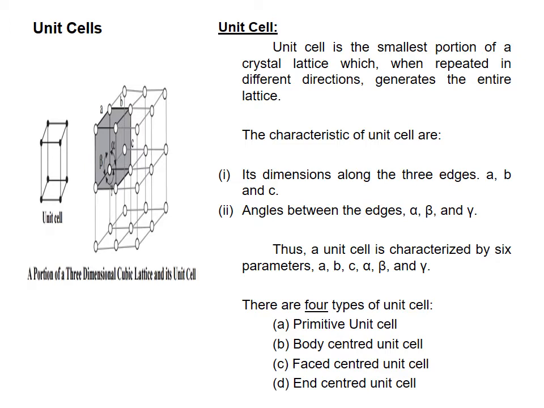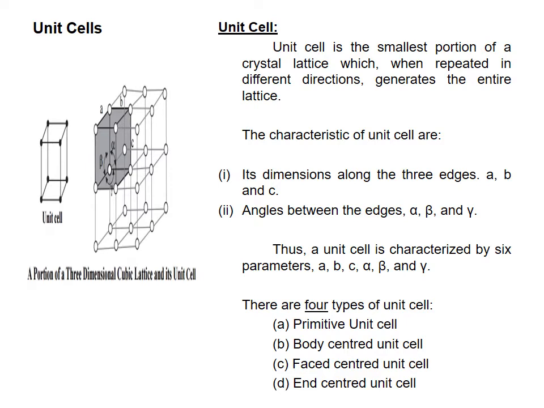To understand it, the characteristics of the unit cell are seen on your screen. It indicates its dimensions along the 3 edges, which are indicated by the symbols a, b, c, which are edge lengths.